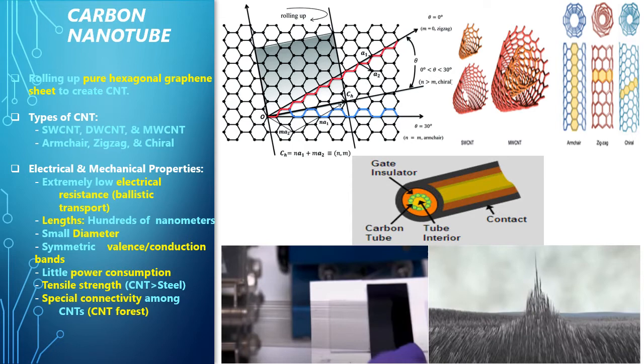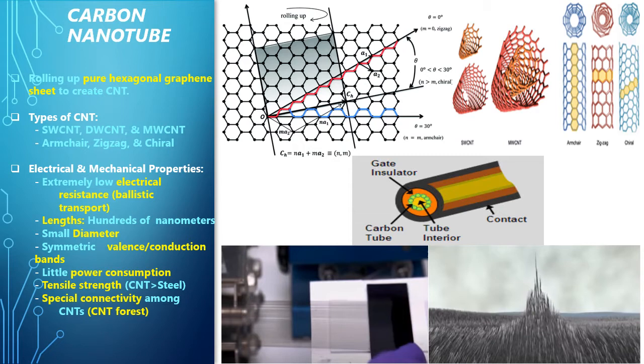large as the steel in some cases, but the steel's tensile strength is lower than the carbon's in most of the cases, and it's truly unimaginable. Researchers of the University of Texas found that carbon nanotubes have special connectivity among themselves, which forms the carbon nanotube forest.